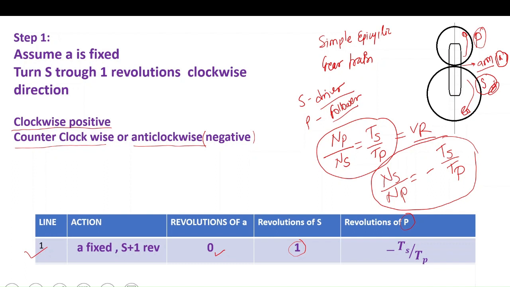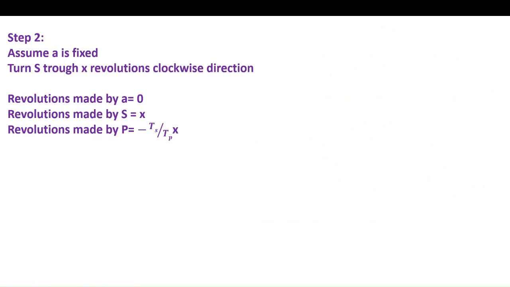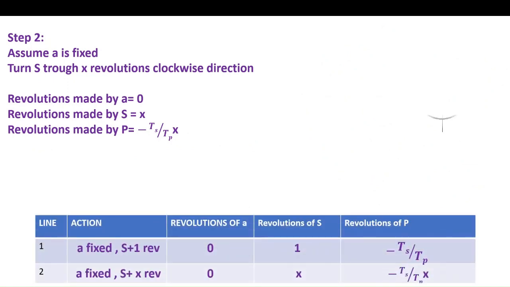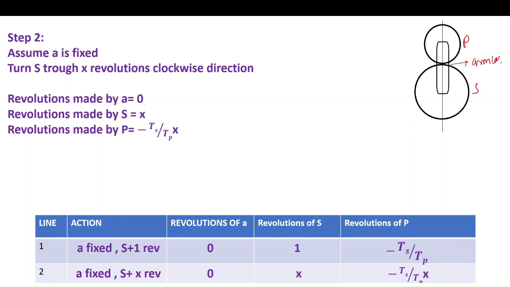So you have understood the first step. Now turning to the second step. In the second step also, consider the same gears. This is P, this is S, this is arm A. Turn S through x revolutions. Now, suppose A is fixed and turn S through x revolutions.